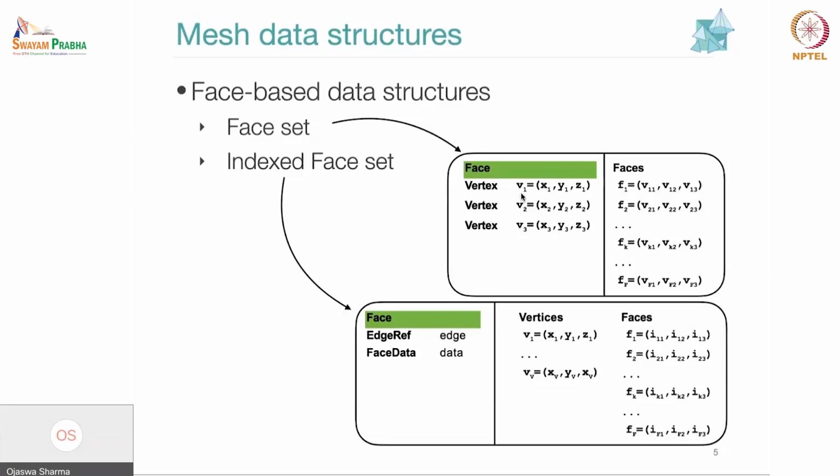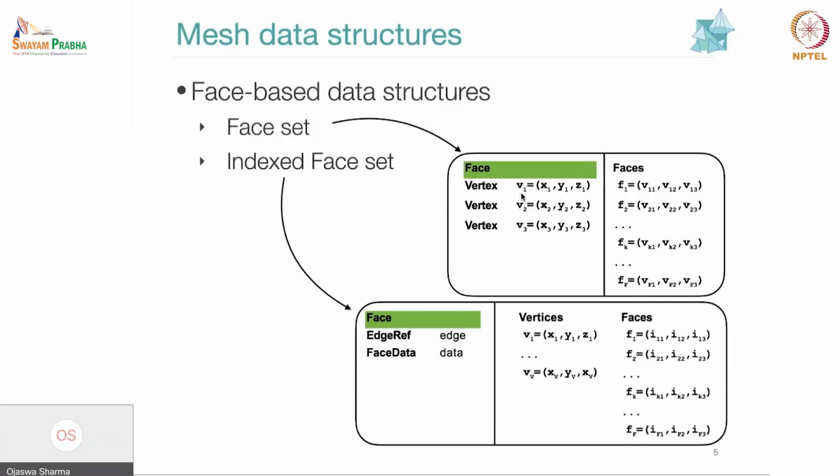Can somebody tell me why it is difficult to create connectivity information in the first case, face set? Remember, every vertex is stored as XYZ coordinates, where these XYZ coordinates are floating point values. So who will tell me why it is difficult to create the underlying graph of the mesh? Any thoughts? Because we don't know the valency of each vertex.